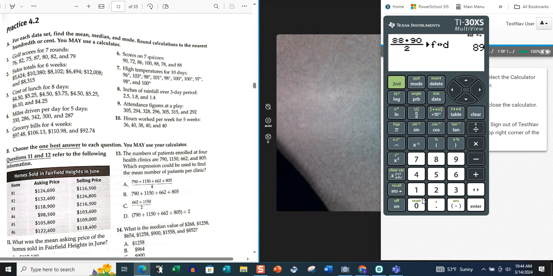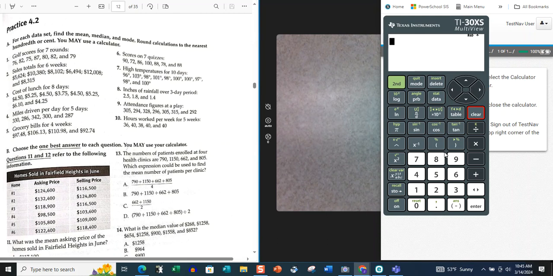Now, first of all, I am basically only going to use a calculator when we do the mean. We would need to write out the median and the mode.